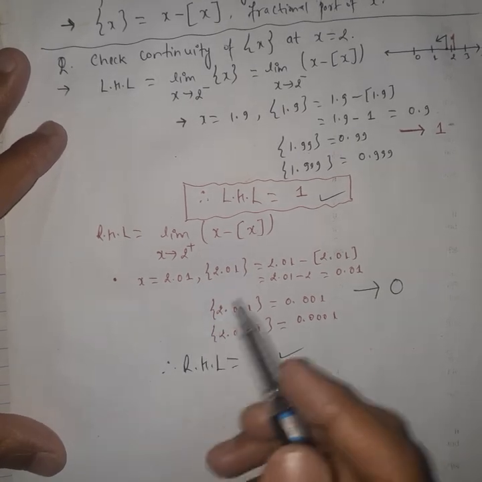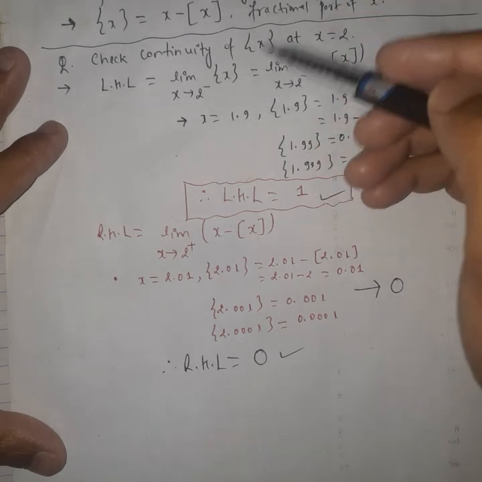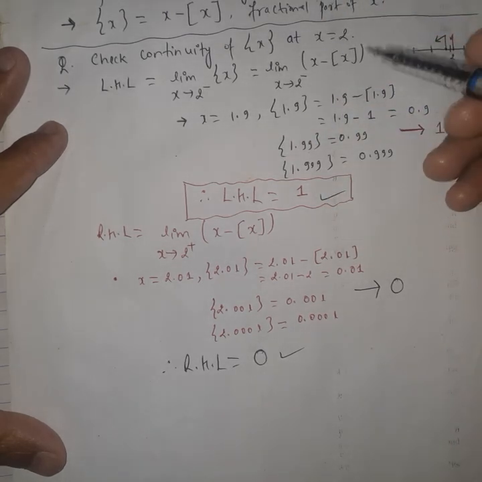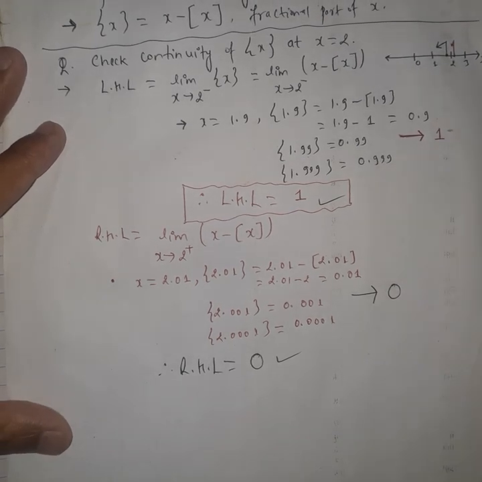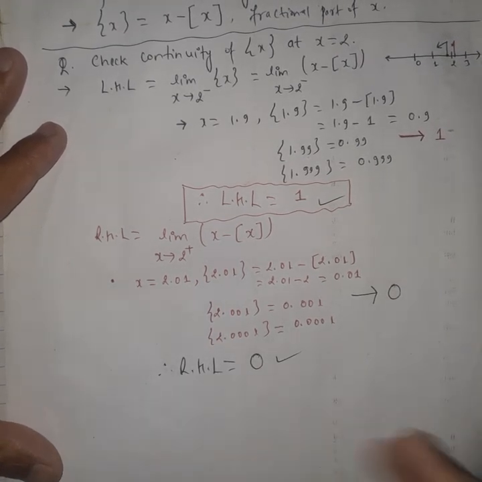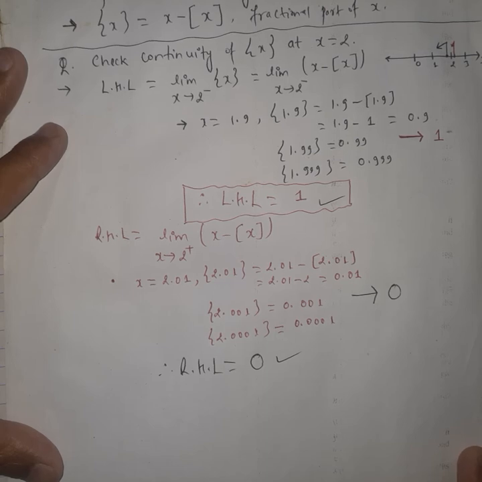Here the limit of this fractional part function does not exist, because the left hand limit and the right hand limit are not the same. Because the limit does not exist, there is no continuity of the function at the given point. It is a discontinuous function at the point x equals 2.